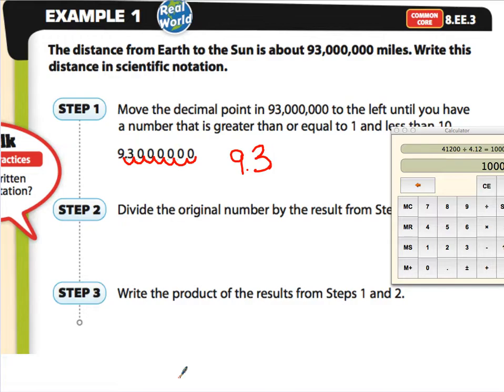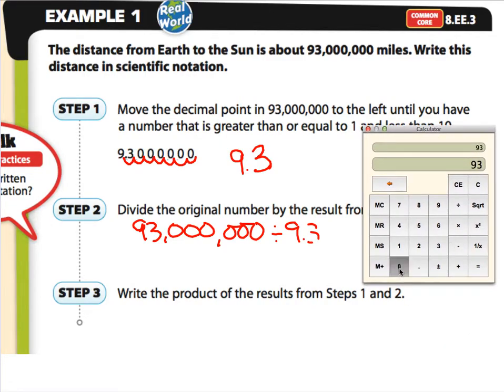So now we're going to divide the original number, 93 million, by 9 3/10. Okay, and when I do that, 93, 1, 2, 3, 4, 5, 6, divided by 9 3/10, I get 10 million: 1, 2, 3, 4, 5, 6, 7 zeros.